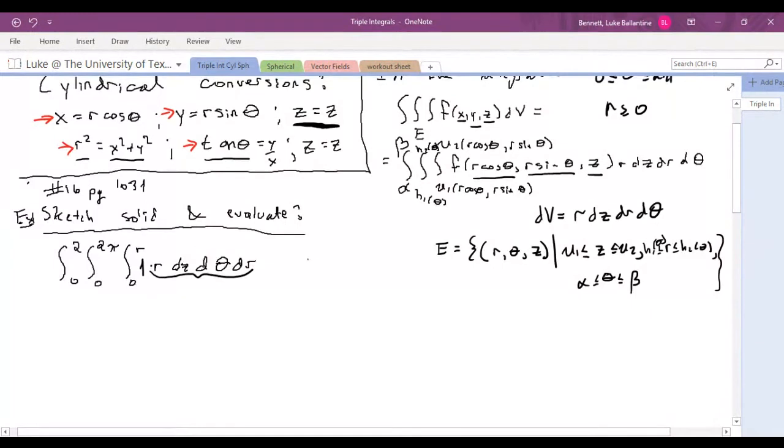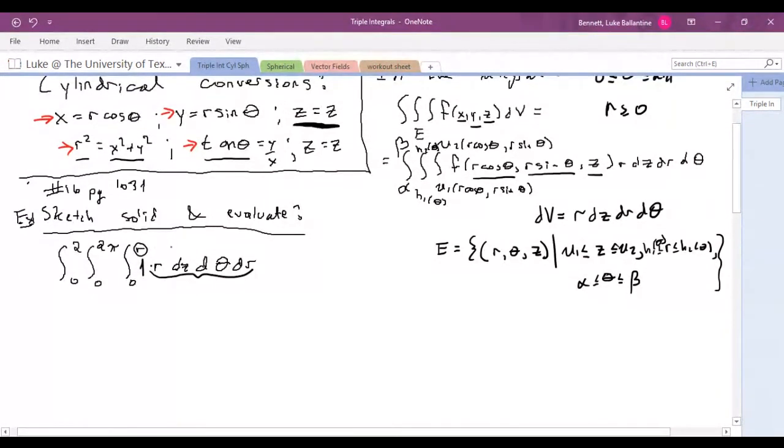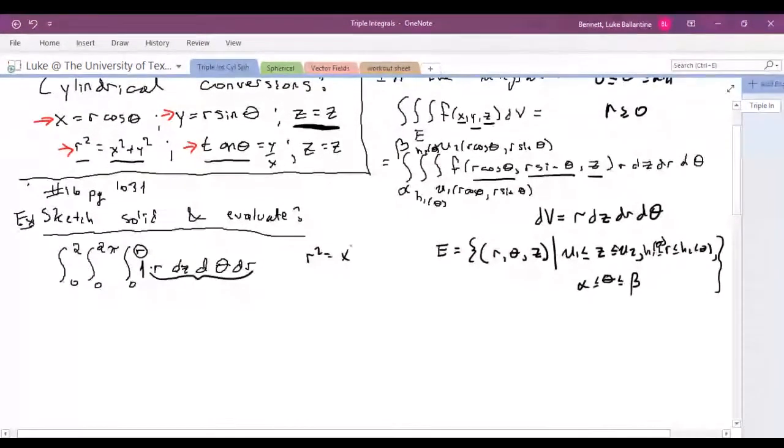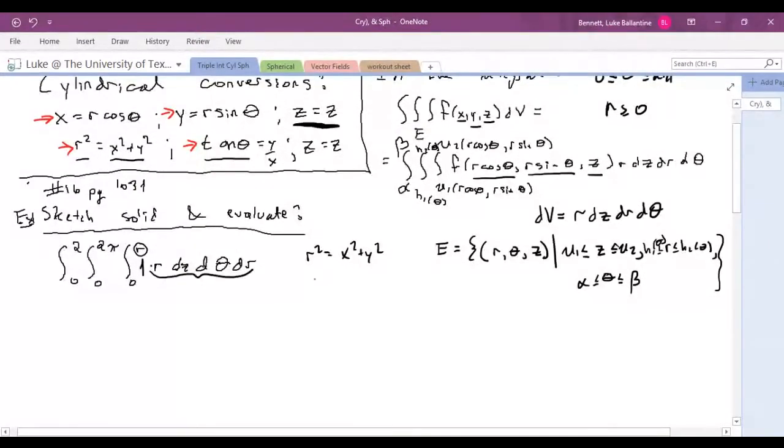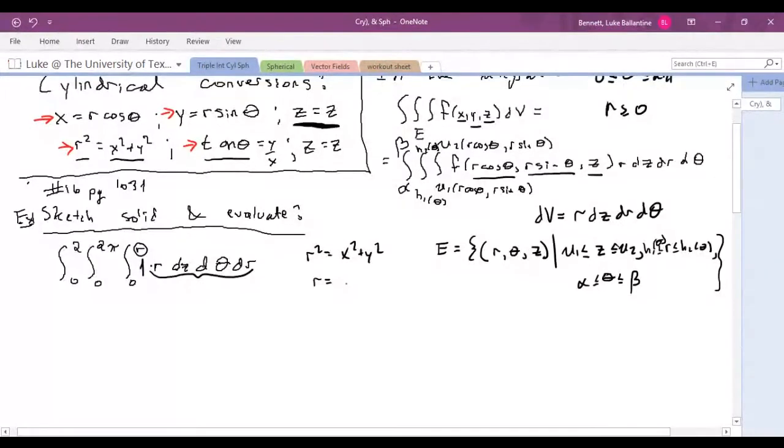So let us sketch the region. What is this region? We have r is equal to the square root of x squared plus y squared, since we know r squared is equal to x squared plus y squared.